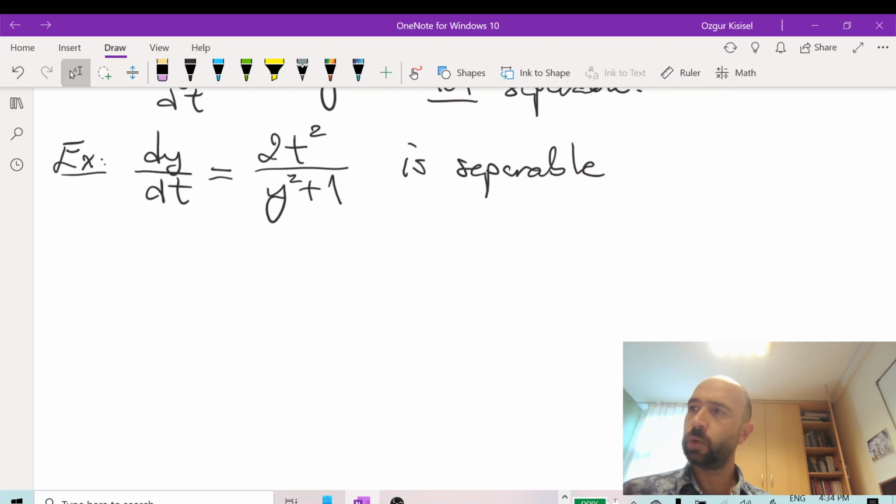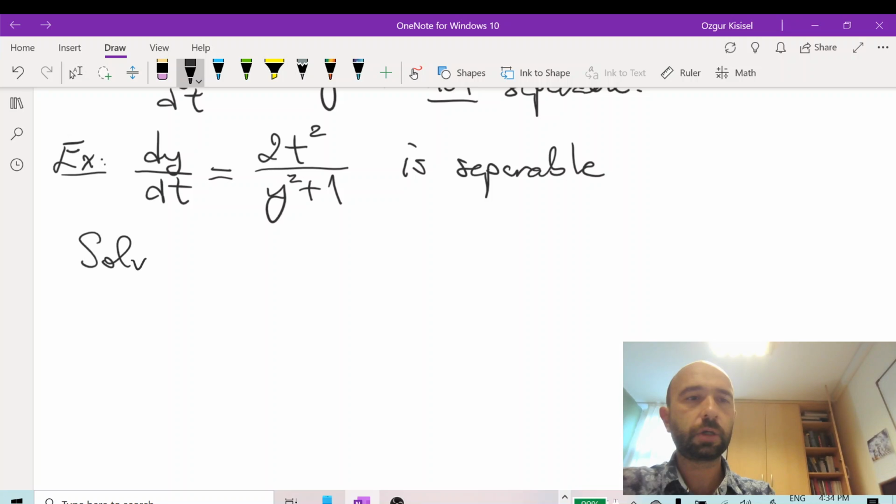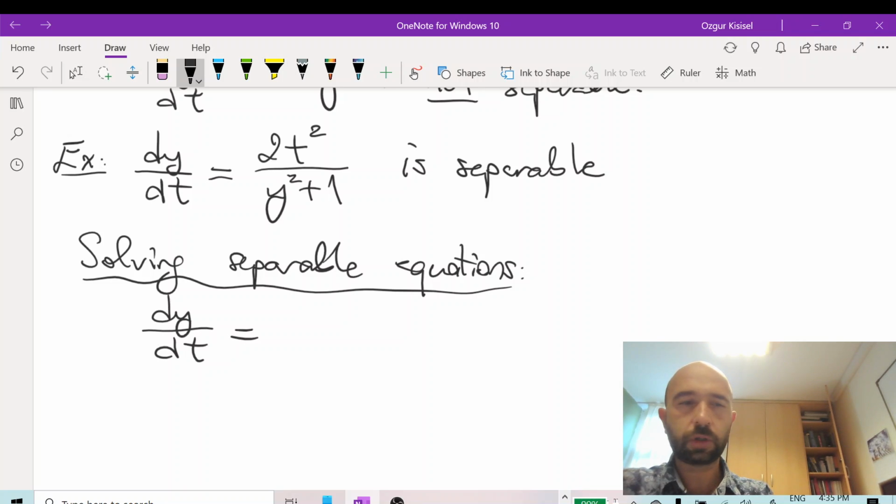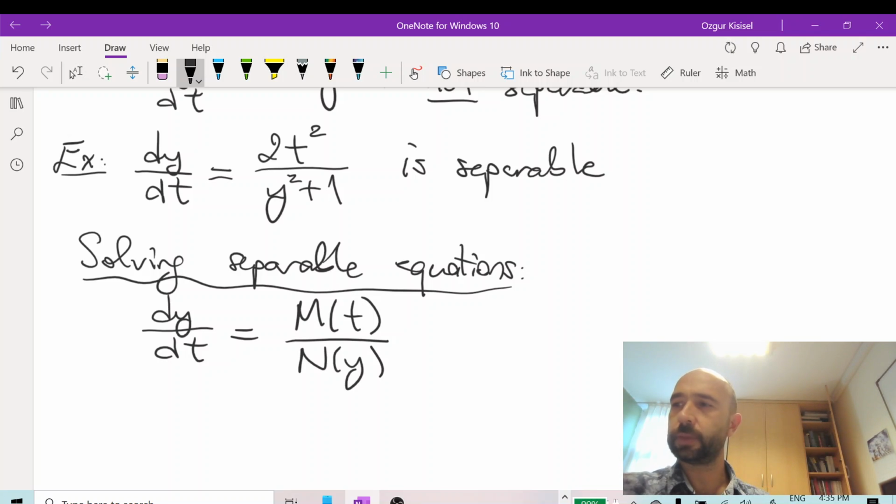Okay, now we have a clear-cut method to solve separable equations. So let me say, solving separable equations. Let us start from dy/dt equals m(t) over n(y).